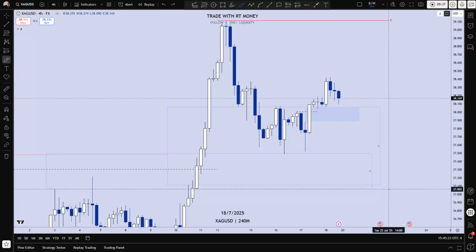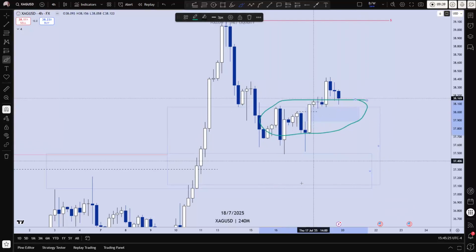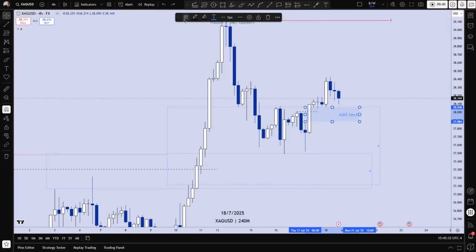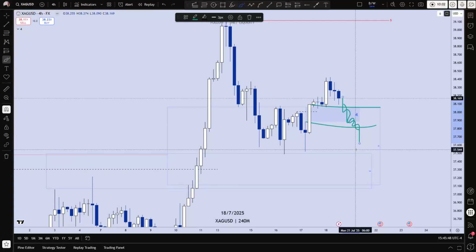Okay. Keep your eye on this 4-hour fair value gap. All right, because we want to see how price reacts to it. All right, what do I mean? I mean, if the market sees fit to disrespect that fair value gap, that means price is coming down. It may invert. All right. It may turn into an inverted fair value gap, an inversion.